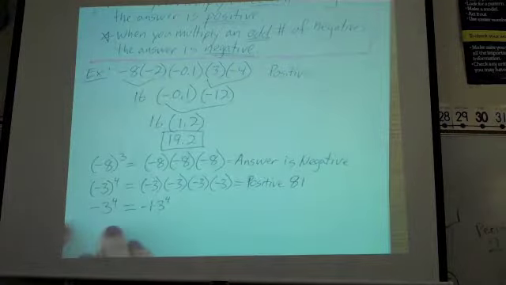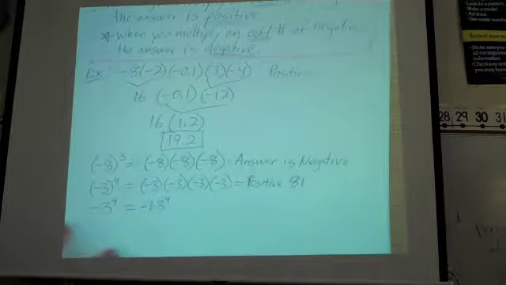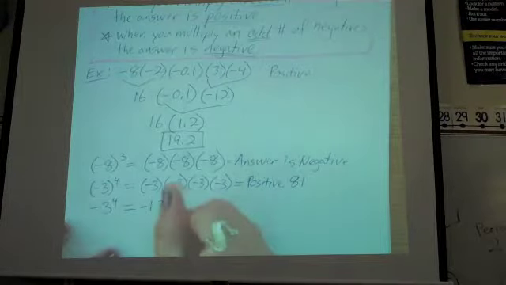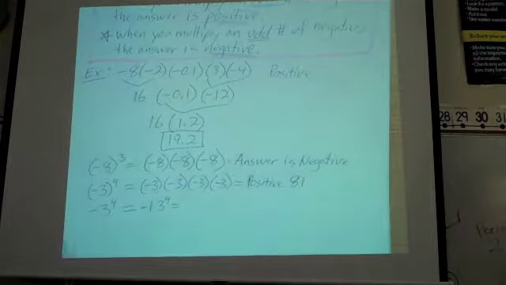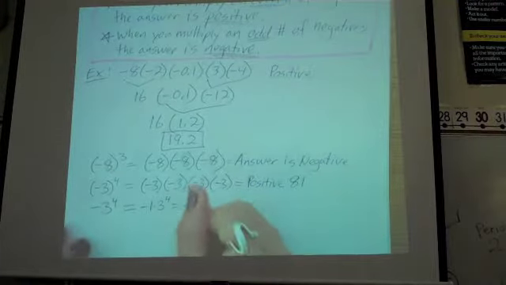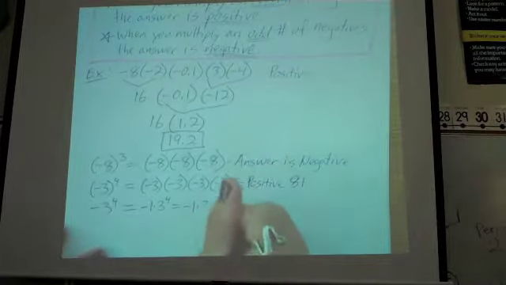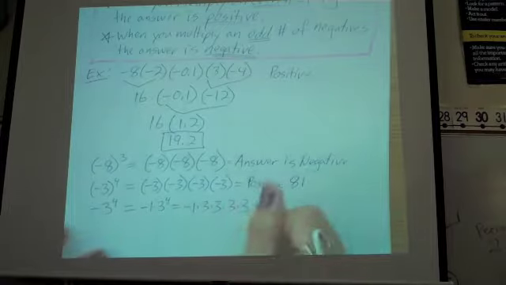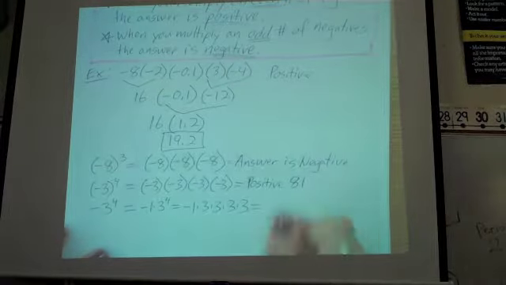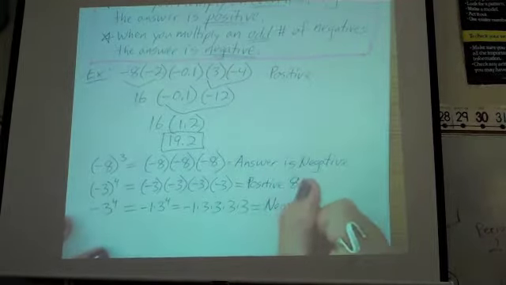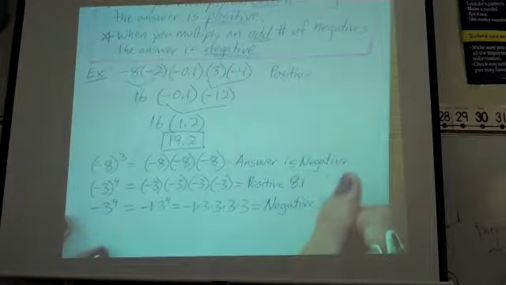The only thing that is being raised to the fourth power in this problem is the 3, whereas in this one it was the negative 3. So what this is going to equal when you write it in expanded form is negative 1 times 3 times 3 times 3 times 3. So I actually only have one negative. So this answer is going to be a negative 81.